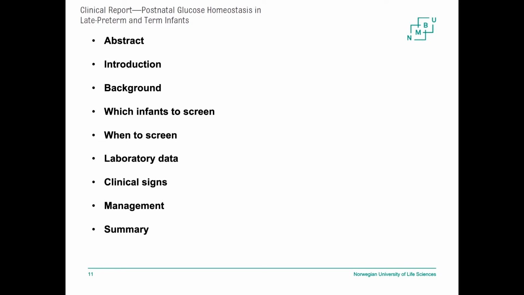So in the example from a few slides ago, the postnatal glucose homeostasis in late preterm and term infants clinical report, these are the headings that we find in that article, in which case we can see that the addition of a background is really just the literature review. We're just modifying the name.